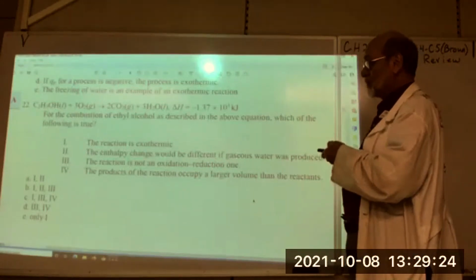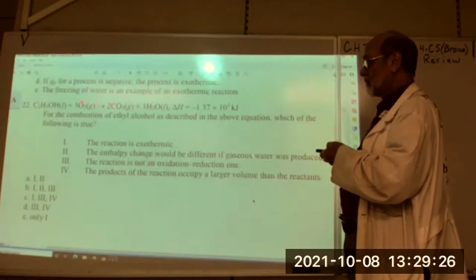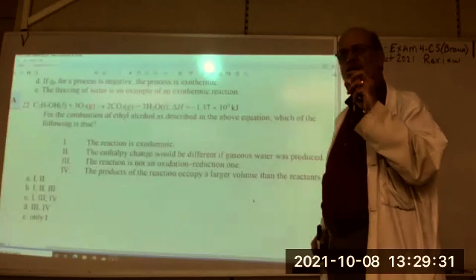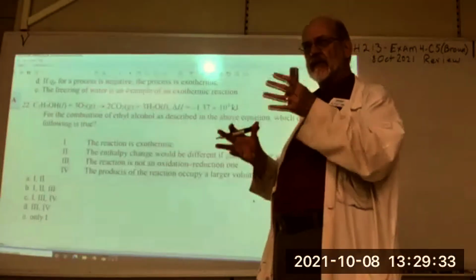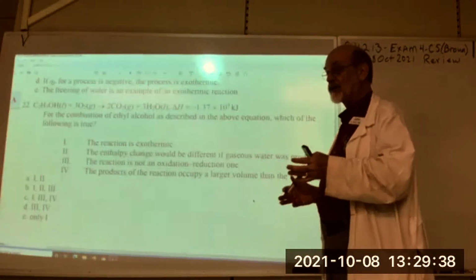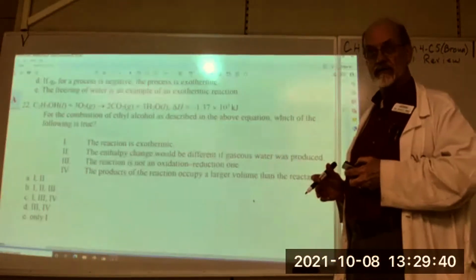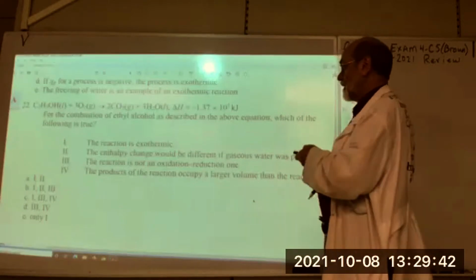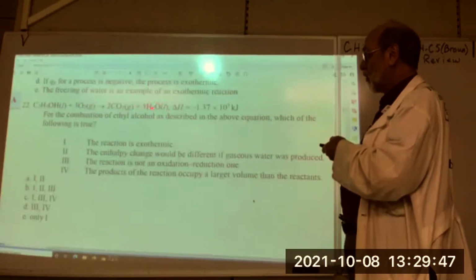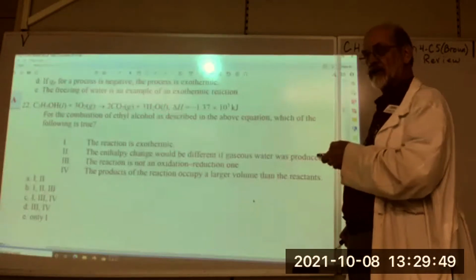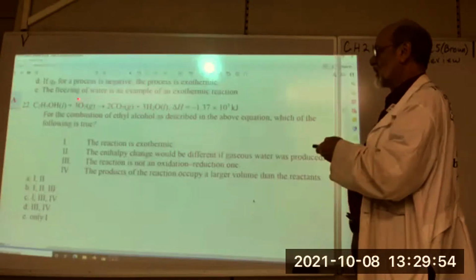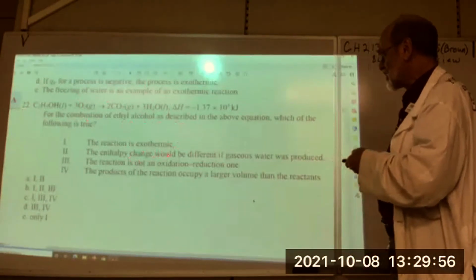And for chemical reactions, remember when we were talking about just purely gases and their physical behavior, standard temperature was 0 degrees Celsius. But for chemical reactions, the standard temperature is 25 degrees Celsius. So if we let it go up to 100 degrees, then that will change to a gas. So these are under standard conditions. The enthalpy change would be different.